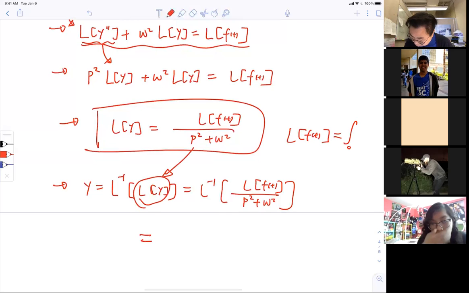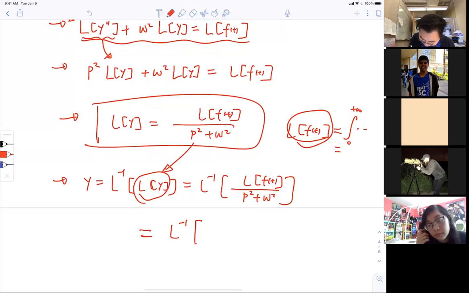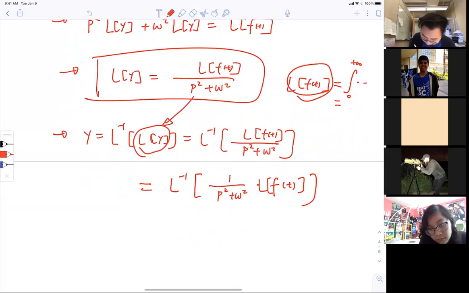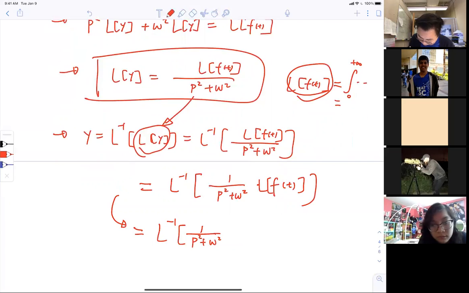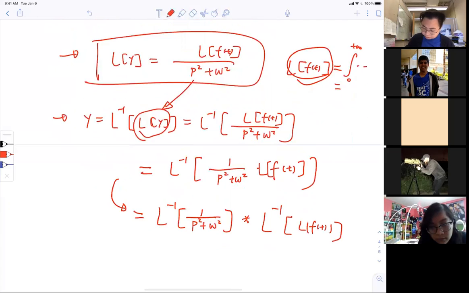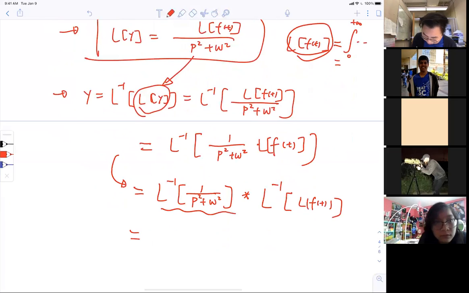Of course, you can do the inverse Laplace transformation directly, but it's quite complicated. In this case, we can regard this expression as a product, and now I apply the convolution theorem, which is this inverse convolved with this one.